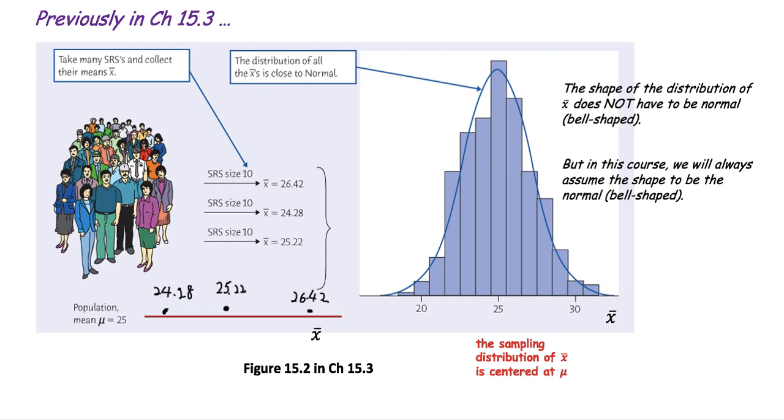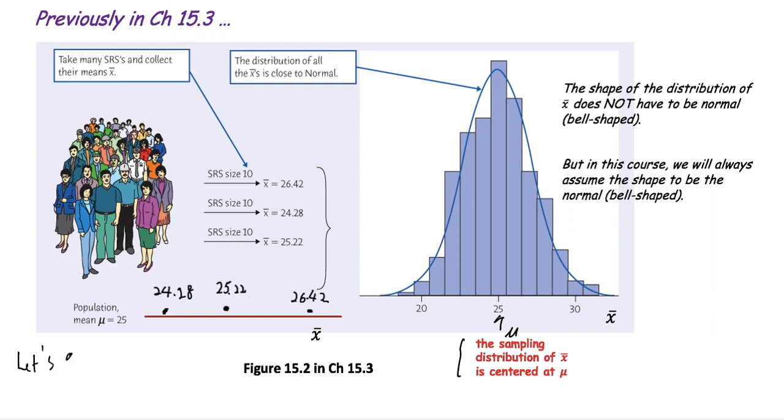That means you do a histogram, and the histogram is bell-shaped. Where is that midpoint? According to the theory, the center of this sampling distribution, meaning the center of this histogram, is going to be at mu. So 25 is mu, and that's why 25 is the midpoint, because of this mathematical fact. Okay.